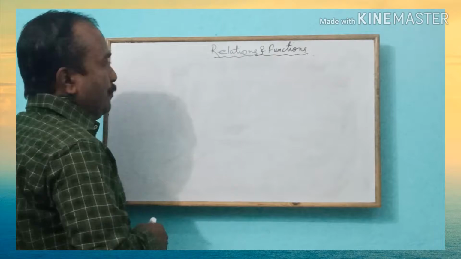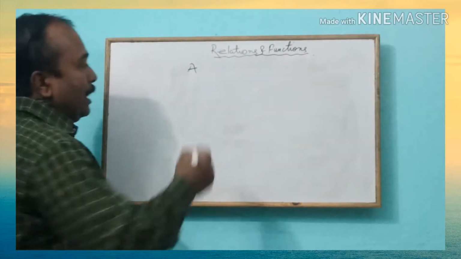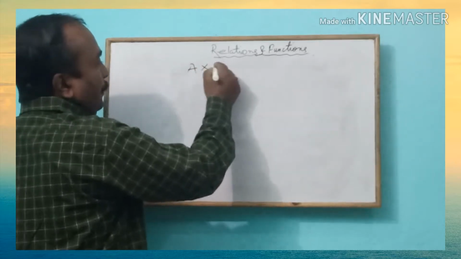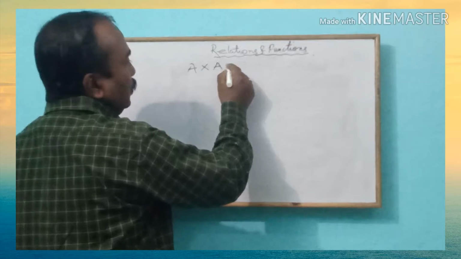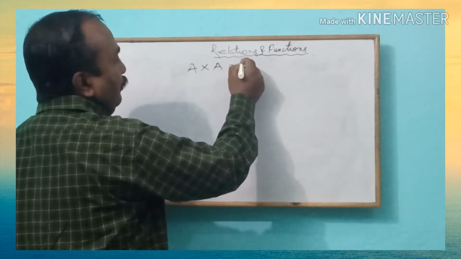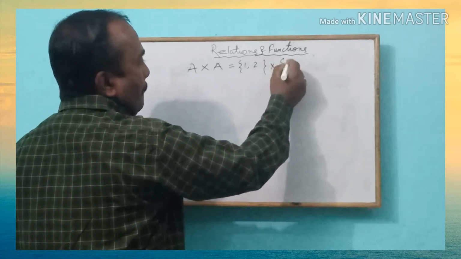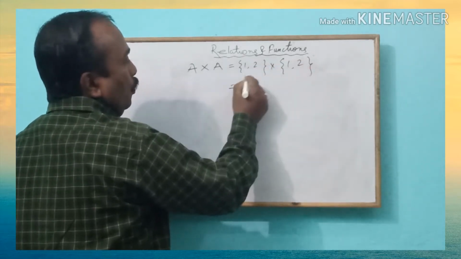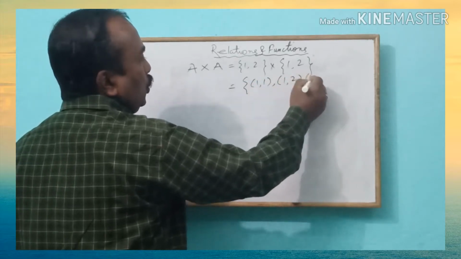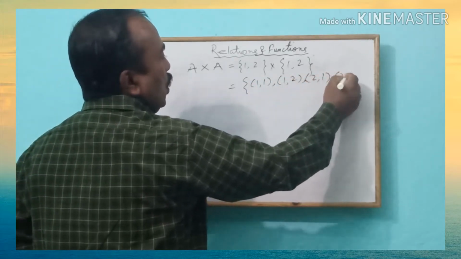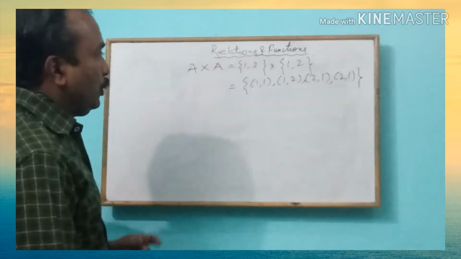What is an ordered pair? Suppose we have a non-empty set A. Then all the pairs between A and A are known as ordered pairs. For example, if we have A as 1 and 2, then (1,1), (1,2), (2,1), and (2,2). These are the ordered pairs that I think you will recall.